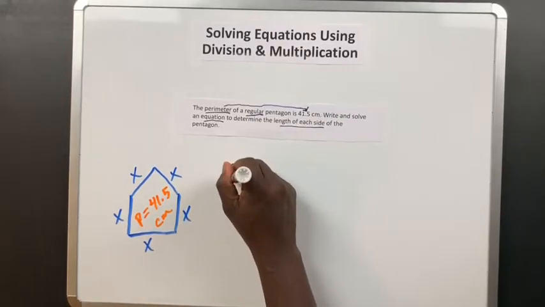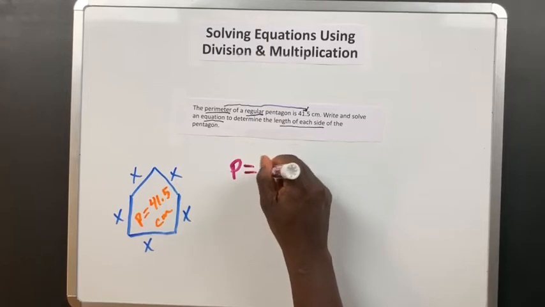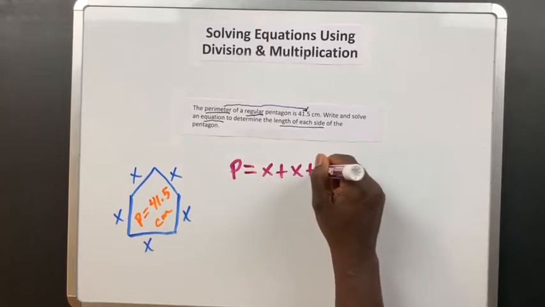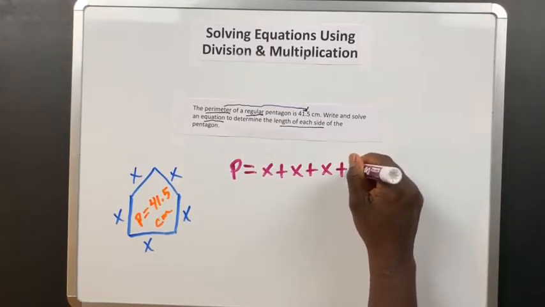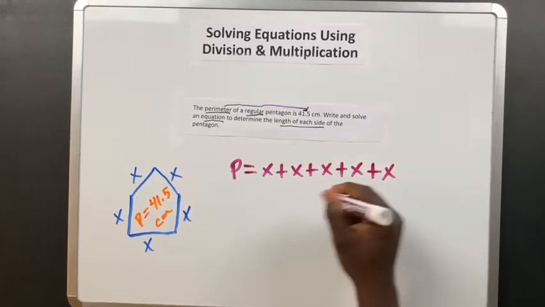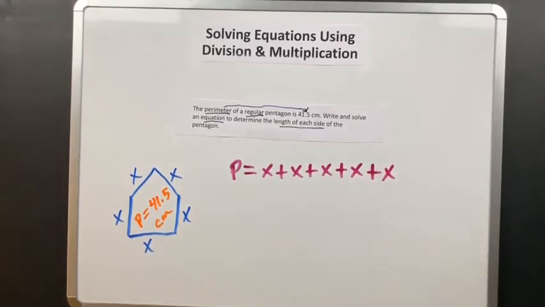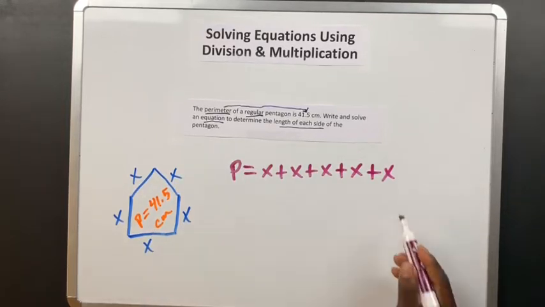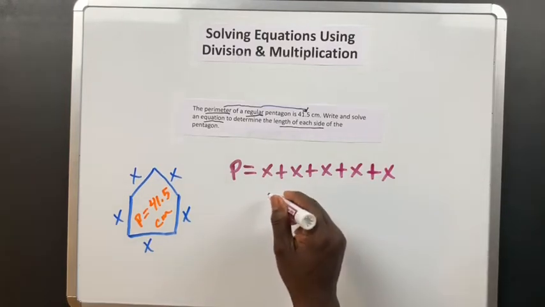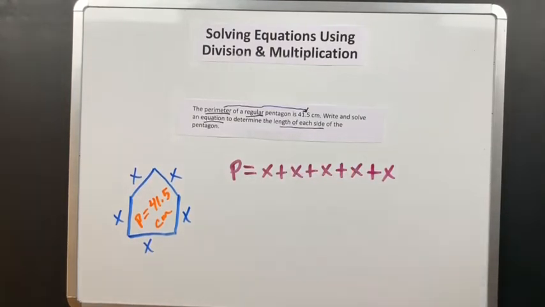So that means P is equal to x plus x plus x plus x plus x. 1, 2, 3, 4, 5 x's, all right? And they tell us what the perimeter is. But before we do that, notice we're dealing with addition here, but we're going to use the division or multiplication property of equality.